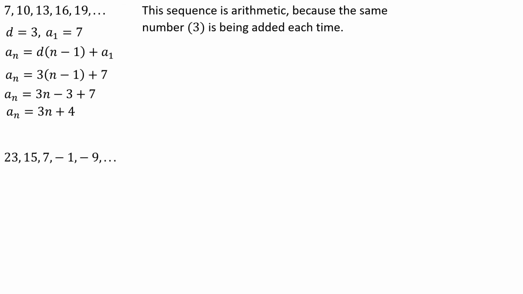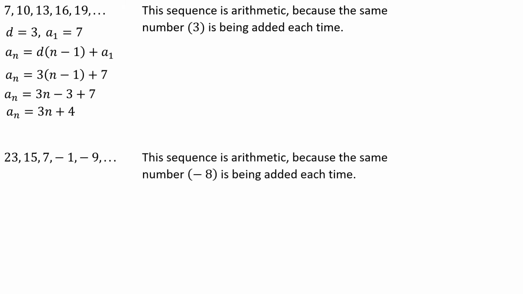Let's get another example up here. Is this arithmetic? Well, of course it is. We add the exact same number every time. We keep adding a negative 8. Now, I know most normal people would say we keep subtracting 8, but a mathematician would say, no, we are adding negative 8 each time, so it's arithmetic.